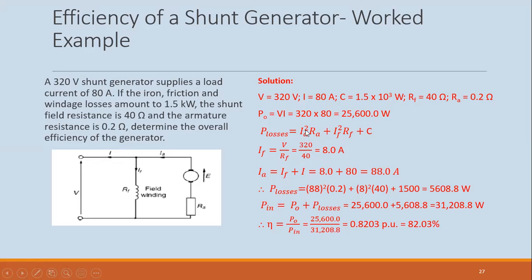So the total losses now would be using this formula: IA squared RA, IA is 88, RA is 0.2, plus IF squared RF, IF is 8 and RF is 40, so 8 squared times 40, and then the constant loss is 1500. So the total losses is 5608.8 watts.